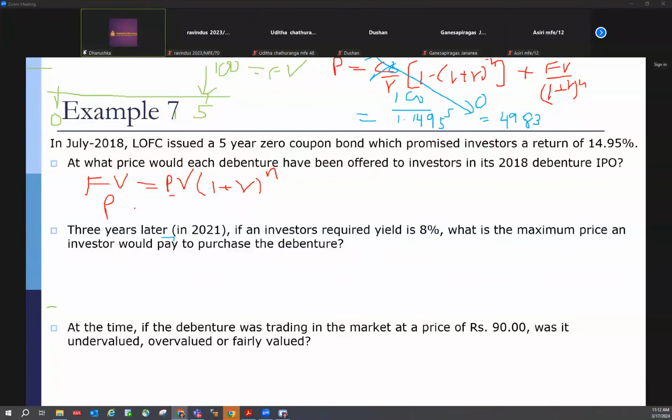So my present value or my price is equals to face value divided by 1 plus R to the power N. Same thing, 100 divided by 1.1495. This should be 49.83. Try the second part.